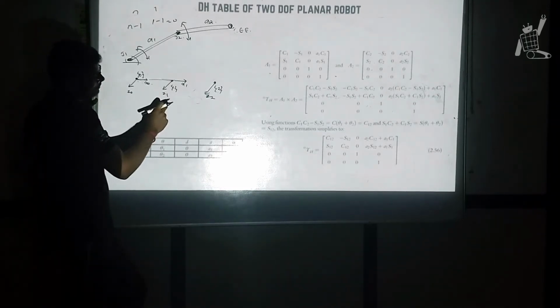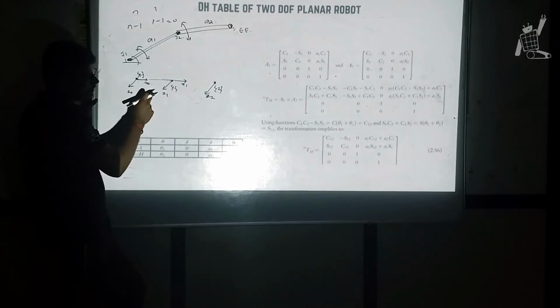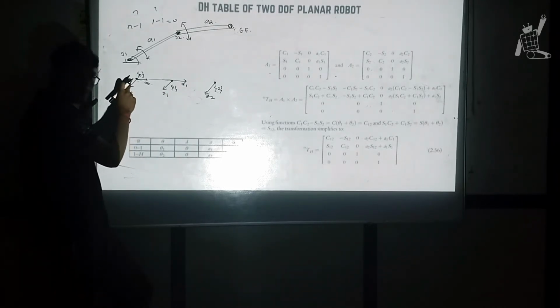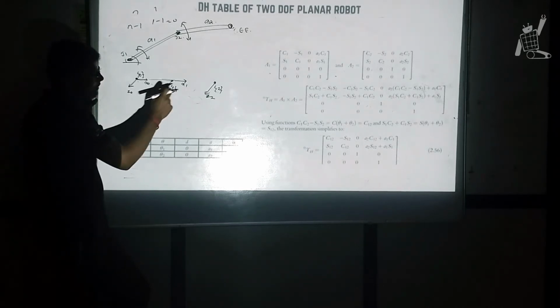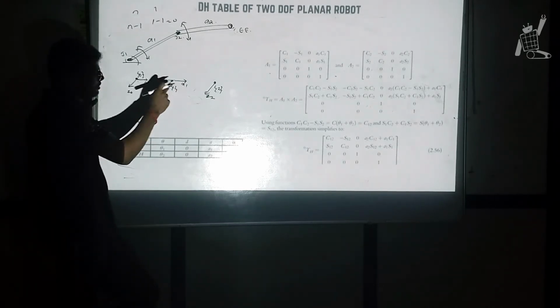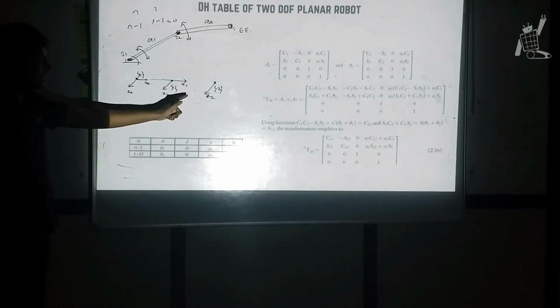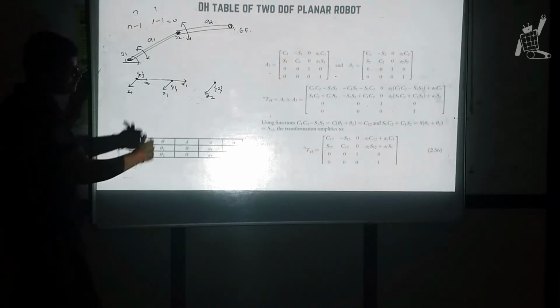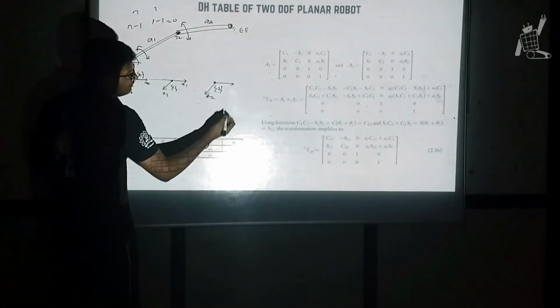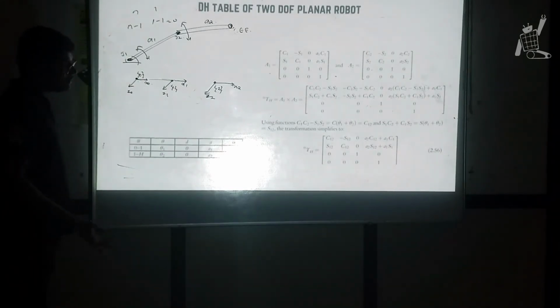For the end effector, the x direction will be the same as the previous one. The Y axes are automatically aligned because the axes are mutually perpendicular to each other.